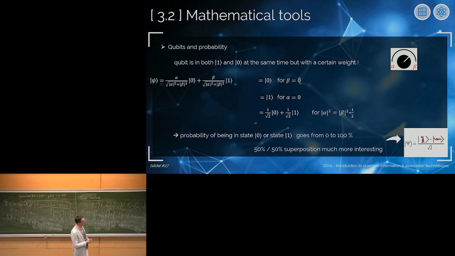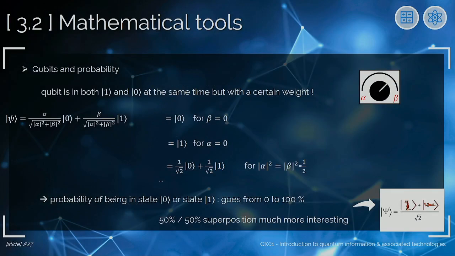So if I want to go back to physics, then what does it mean to have 1 and 0 at the same time? Well, I already gave an example of the cat, Schrödinger's cat, if you remember. So we said the Schrödinger's cat in a box.